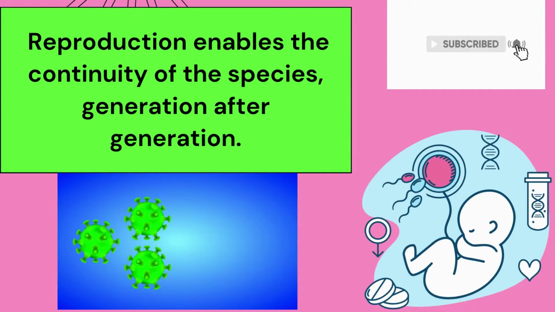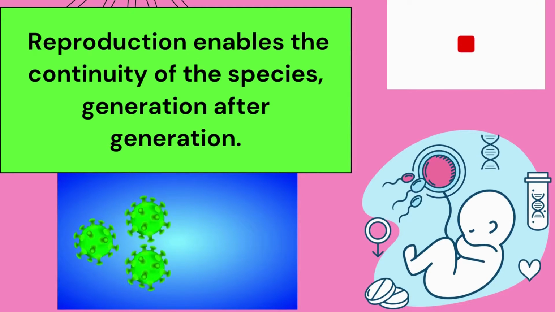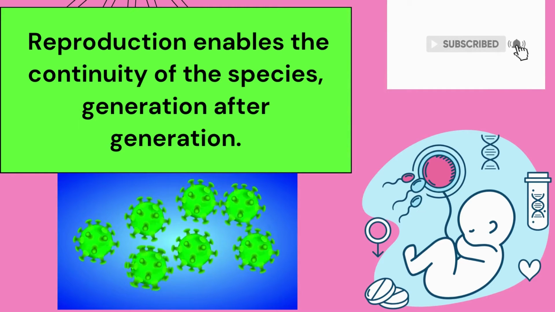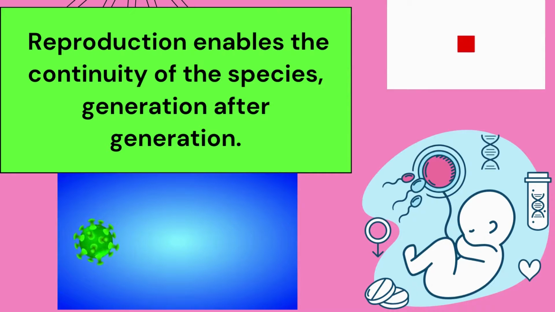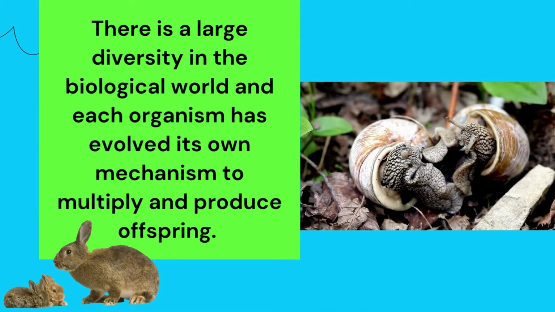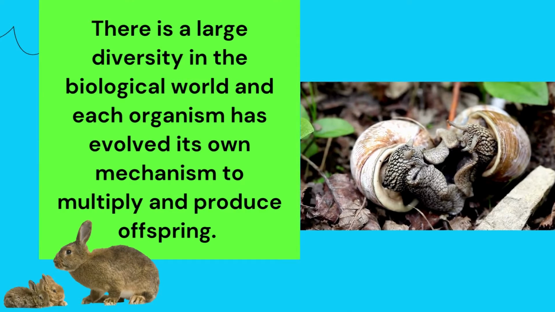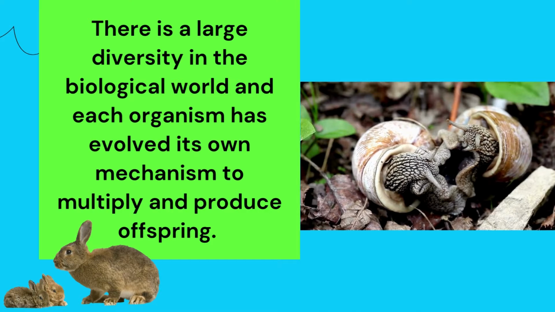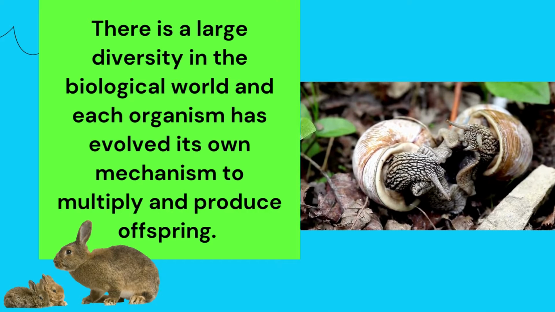Reproduction enables the continuity of the species generation after generation. There is a large diversity in the biological world, and each organism has evolved its own mechanism to multiply and produce offsprings.